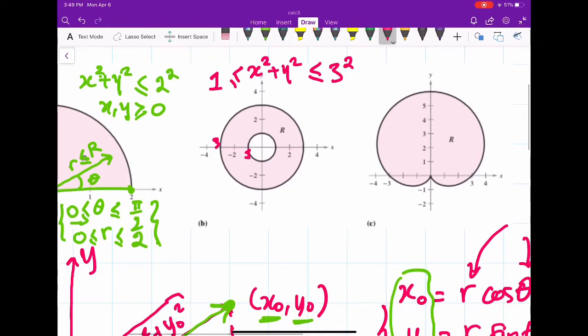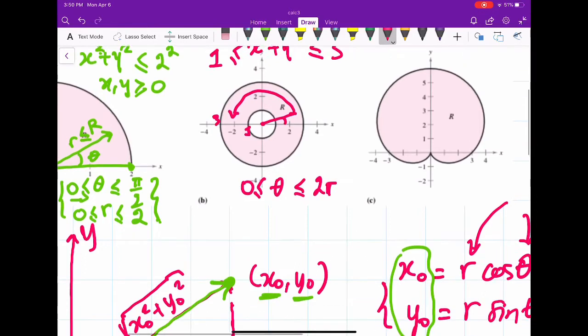And now you want to describe the region R in terms of r and theta. You can pick any point right here and consider the angle between that point and the origin. You can say theta is between 0 and 2 pi, because you can rotate this vector around the origin, and the angle will run from 0 to 2 pi.